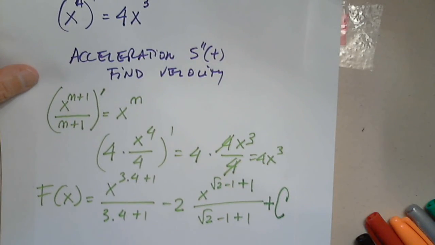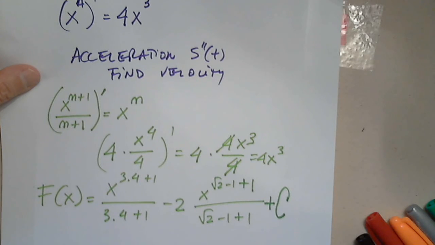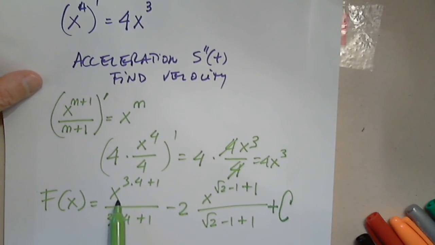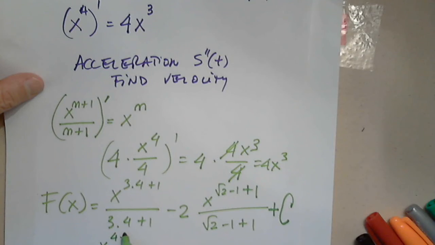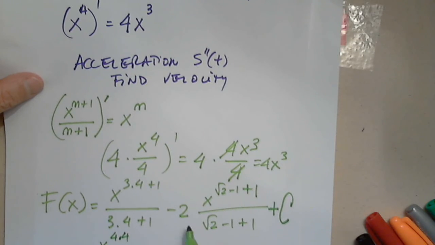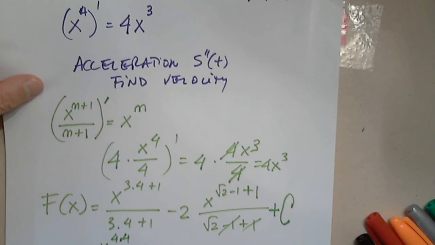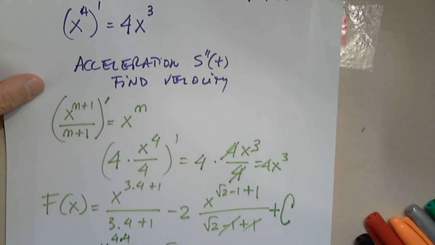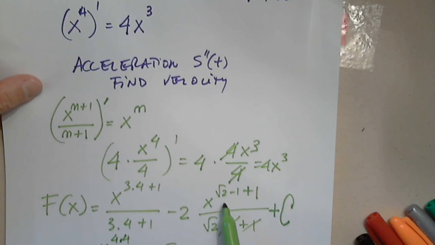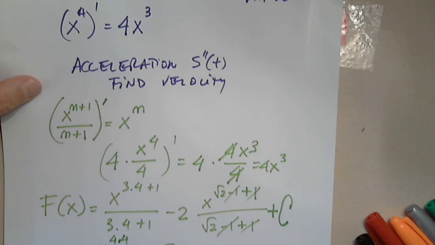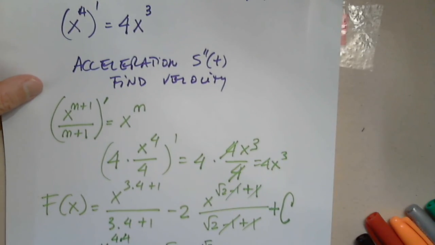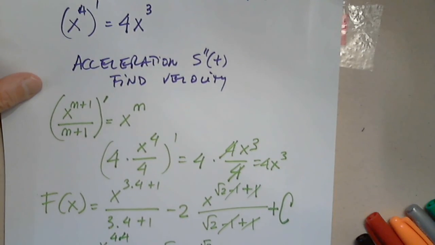We'll try to simplify it. The denominator is still 4.4. I can't do anything to that, and the numerator is x to 4.4. Now here, these two go away. Since I have this 2 over the square root of 2, I will rationalize by the square root of 2 and the square root of 2 to simplify. And then these two again go away: x to the square root of 2 plus a constant c.